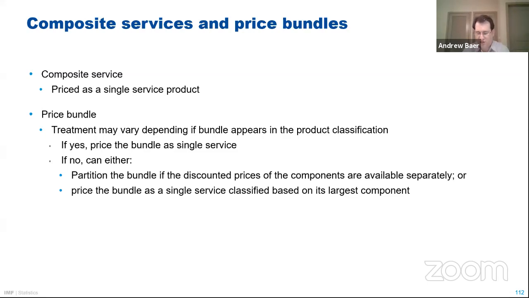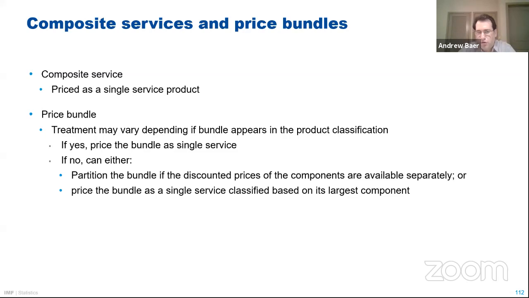Your product classification includes a product that covers the bundled situation. If no, then you could either partition the bundle if the discounted prices of the components are available separately, or price the bundle as a single service classified based on its largest component.